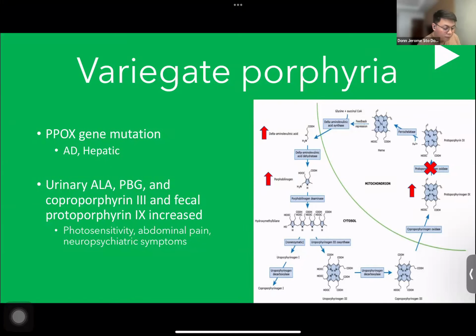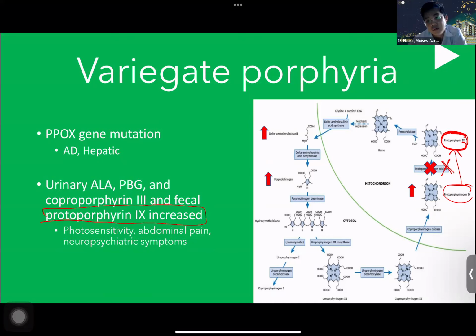Both. Okay? Doc, sabi mo, pag yung protoporphyrin, hindi naman natin ma-convert yung protoporphyrinogen to protoporphyrin kasi may enzymatic defect. Bakit pa rin magkakaroon ng increase in protoporphyrin 9 at photosensitivity? Spontaneous oxidation. Correct.